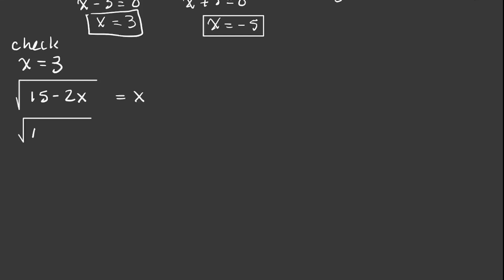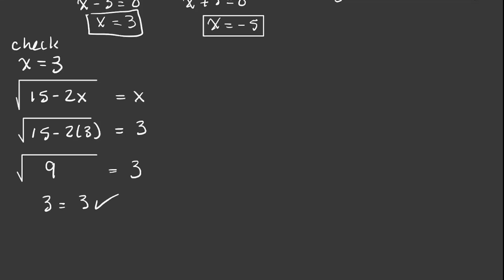So here I have the square root of 15 minus 2 times 3 equals 3. Now I do the math underneath the radical. 15 minus 6 gives you 9. Square root of 9 is 3, equal to 3, so that solution works.